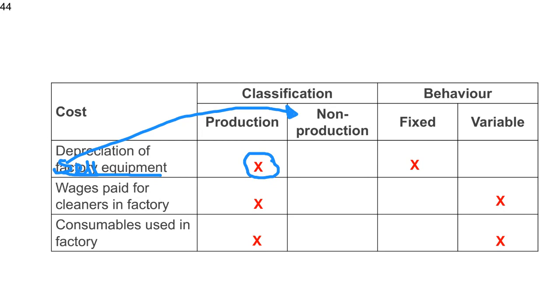Why does it become a non-production cost? What's the reasoning? Remember the principle. This cost would not have been incurred to make the product sellable. Can you see the relationship back to our principle? Our principle was we want to include costs that provide a sellable final good for us.